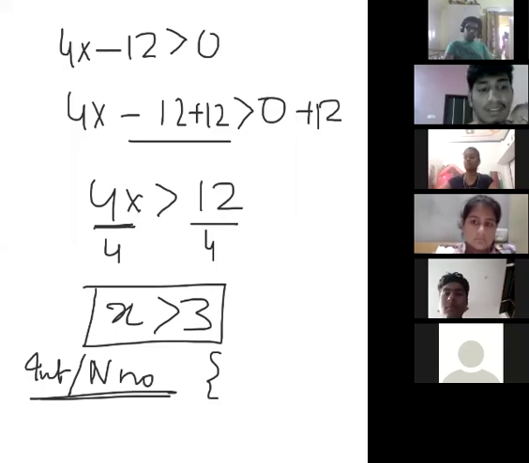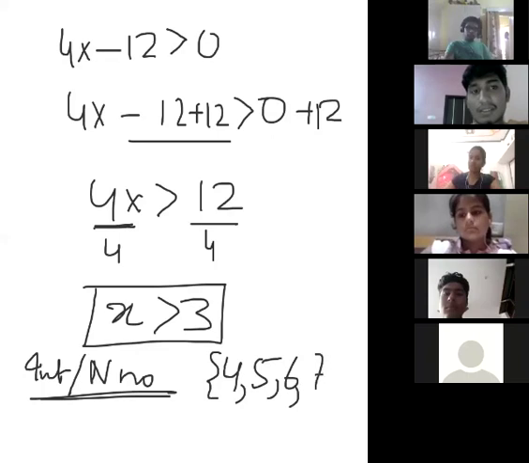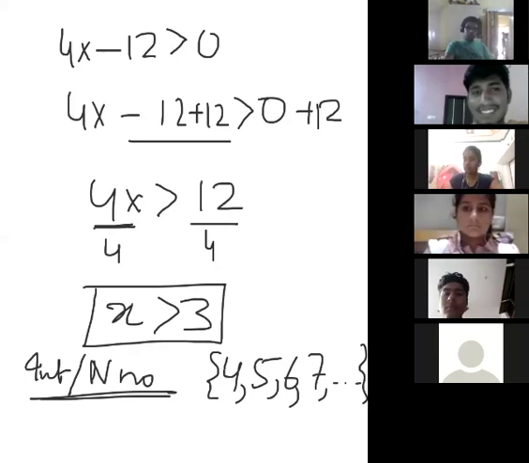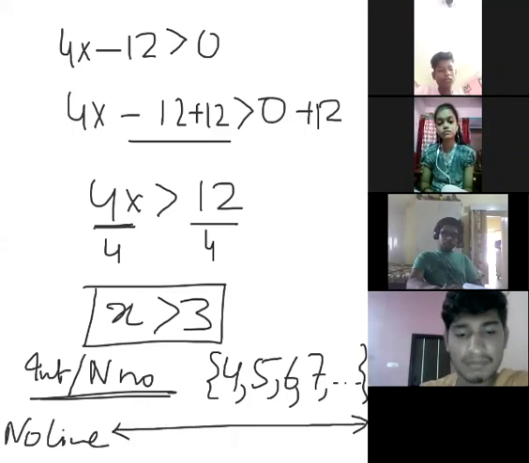So more than 3, the numbers are 4, 5, 6, 7 and so on. So these are the conditions for the integers. If we are going from integers to something else, like on the number line, we could also say it as the real number line.